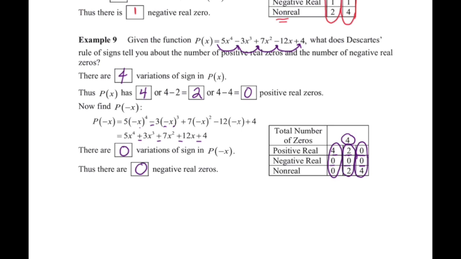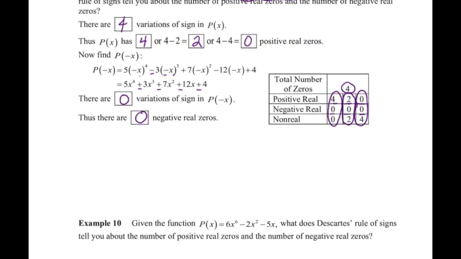We have 6x to the 6th minus 2x to the 2nd minus 5x. Here we know that we're in descending order, and we're only changing our sign 1 time. So what does that tell us?